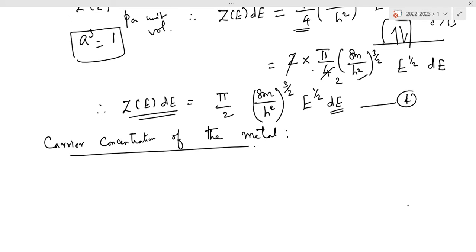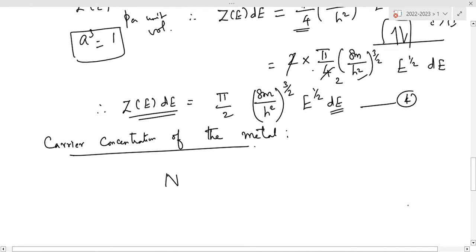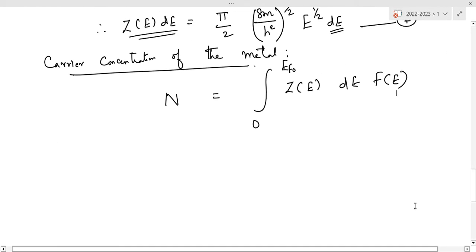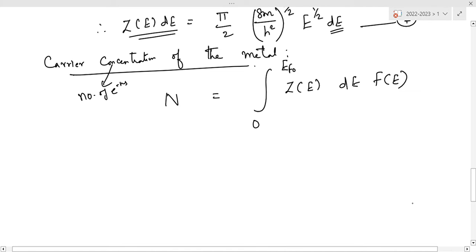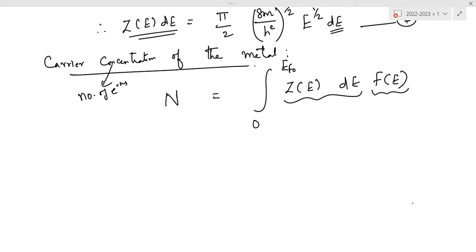The formula is N is equal to integral 0 to EF naught, Z of E dE and F of E. Here carrier concentration is the number of electrons present in the metal, that is capital N. This Z of E dE denotes the number of available electron energy states and F of E gives the Fermi distribution function.